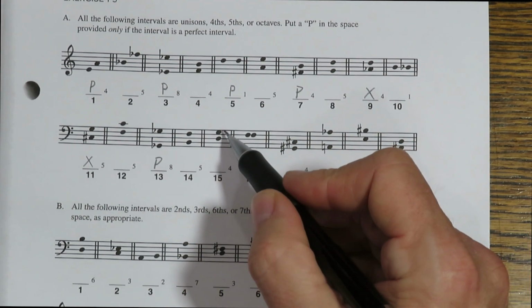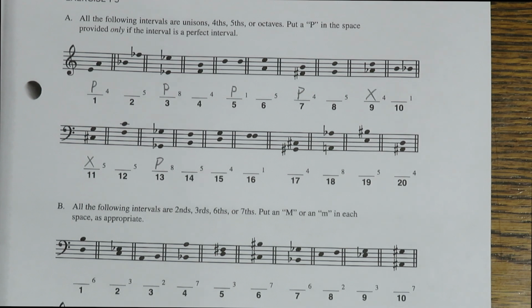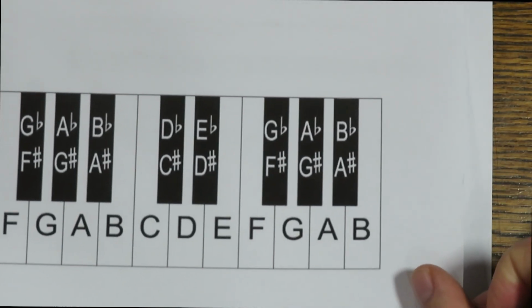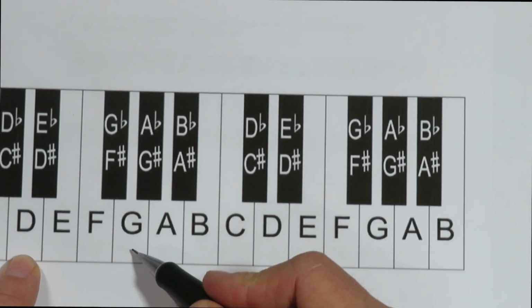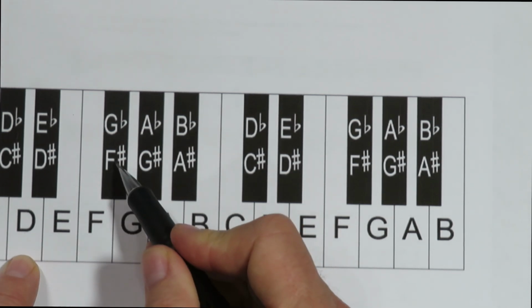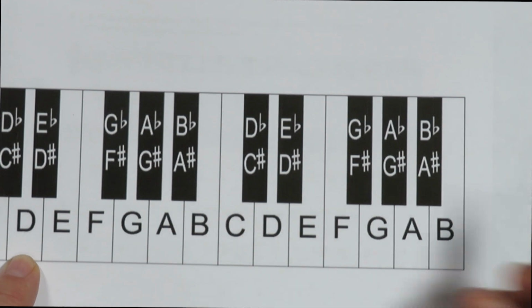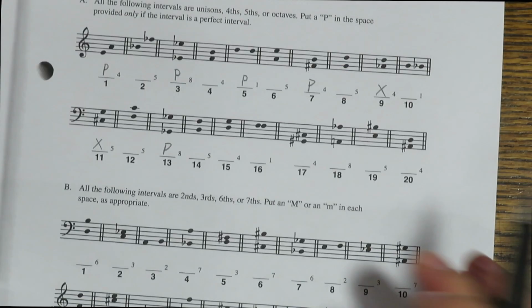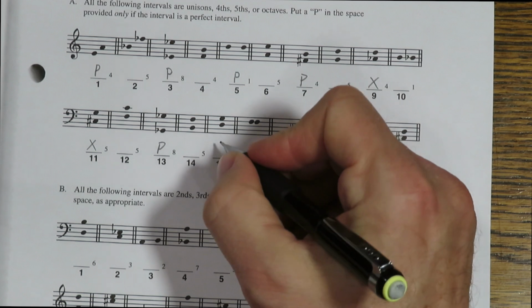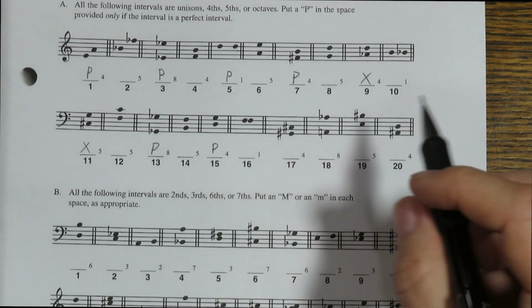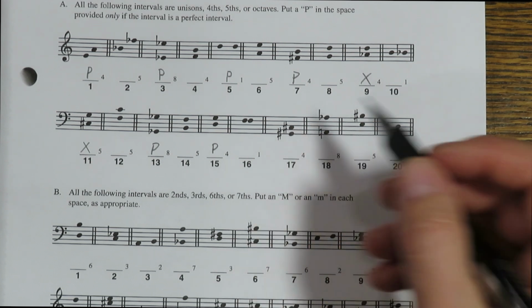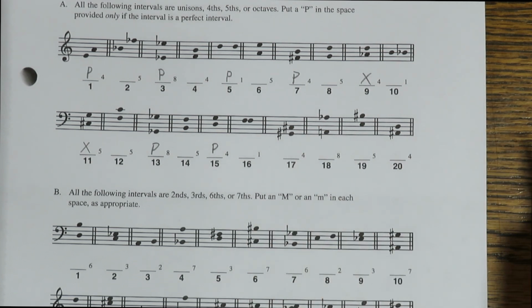Okay, D to G. All right, so hopefully you know your D major scale. Let's check it out though, make sure. D to G. Whole, half. Yes, it is perfect. All right, 17. G sharp to C sharp. Okay.